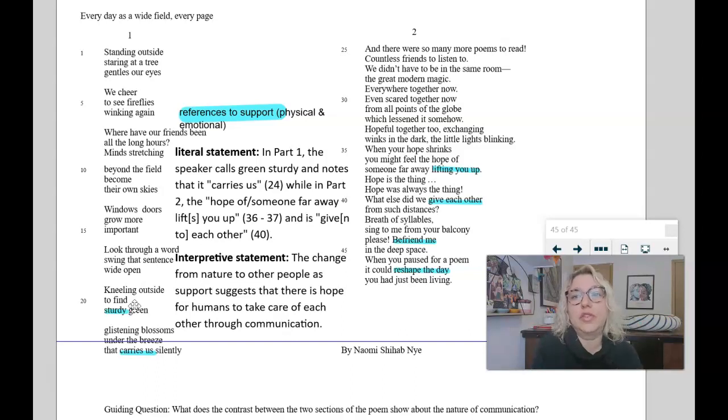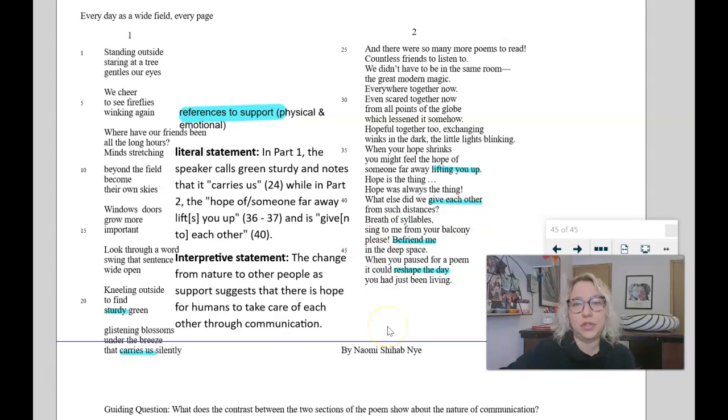The idea of something being sturdy means that it can hold or support, it's strong. And I could go on and explain that in my paragraph. And then in part two, the support is through other people and hope. And so, again, I would explain this going step by step, how it functions in a literal way, focusing on what's interesting about it, but not making any interpretive claims at first.